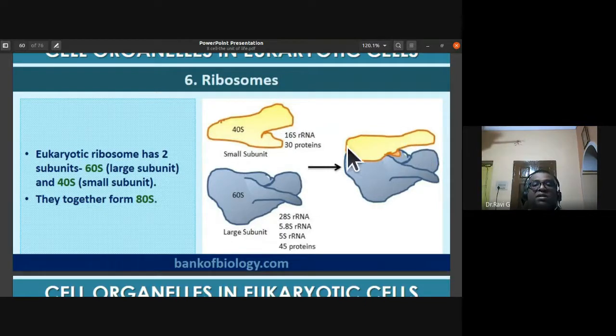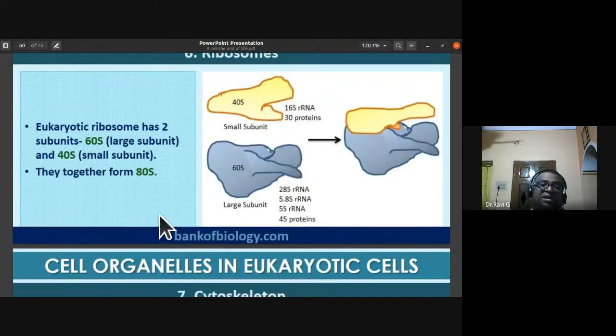Together they form the 80S type of ribosome. I've already told you, S stands for Svedberg unit. It is the sedimentation coefficient value. S stands for Svedberg, the name of the scientist, and it is a sedimentation coefficient value. So the 60S and 40S together form the 80S eukaryotic ribosome.